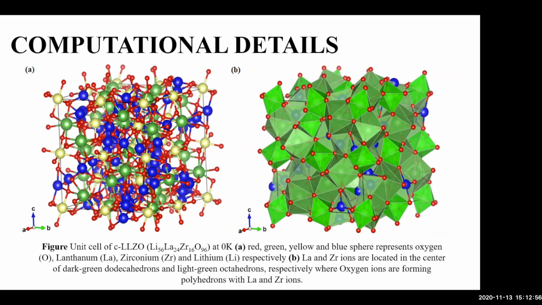The original cubic cell formula is Li7La3Zr2O12. If I multiply by 8 formula units, it becomes lithium 56, lanthanum 24, zirconium 16, and oxygen 96.